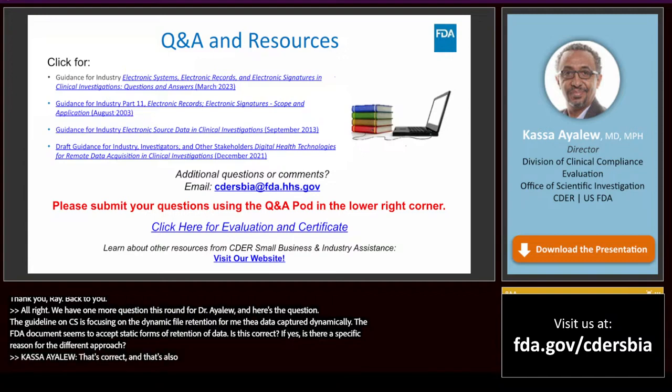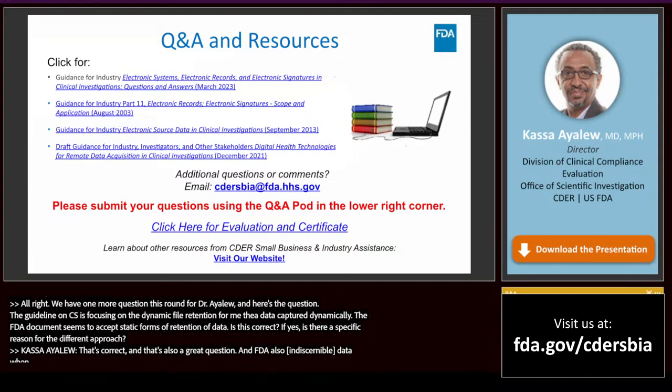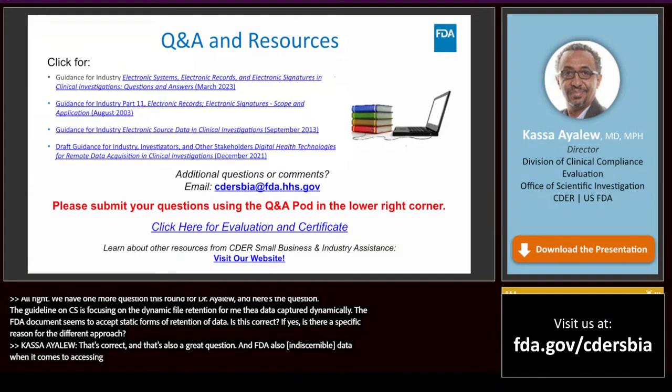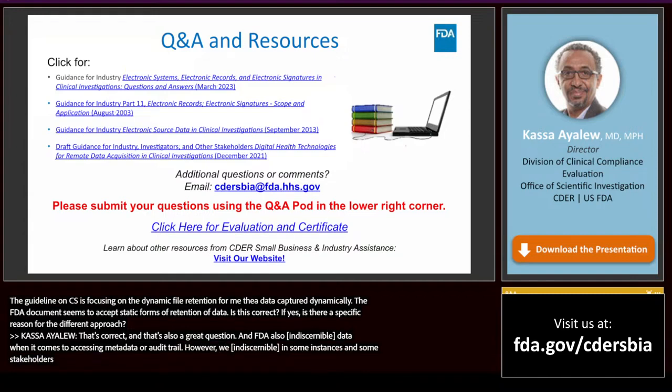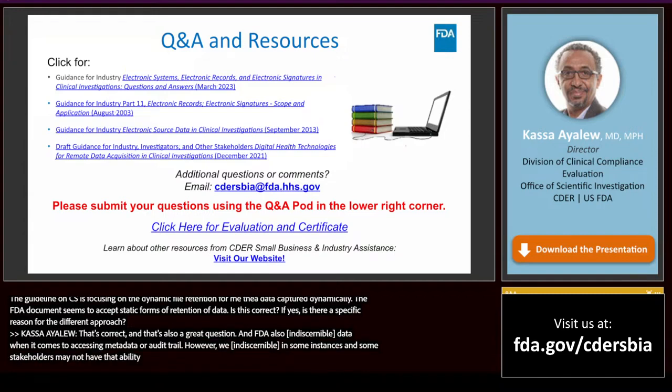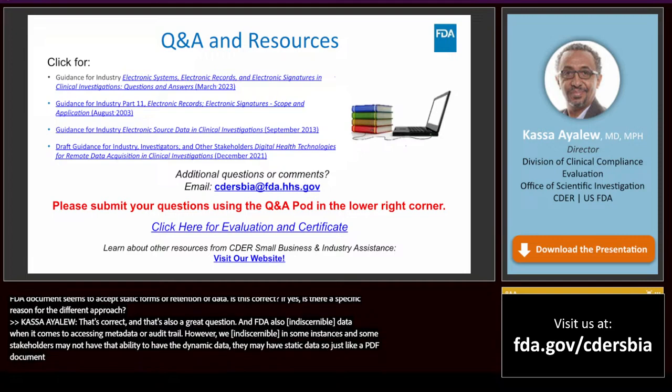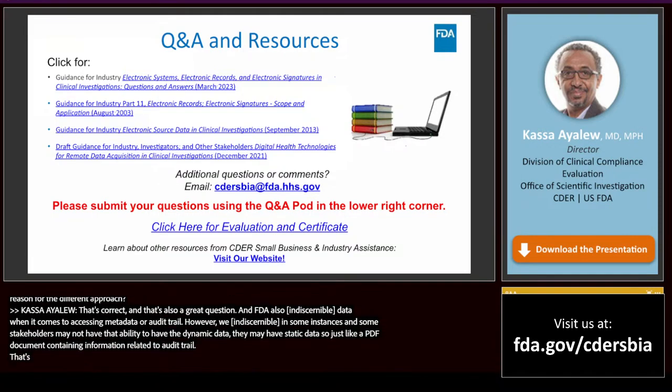FDA also prefers to have dynamic data when it comes to assessing metadata or audit trail. However, we recognize that in some instances, some stakeholders may not have the ability to have dynamic data, and they may have static data, such as a PDF document containing information related to audit trail. That's the reason why we are embracing both.